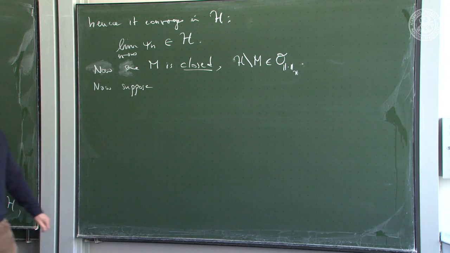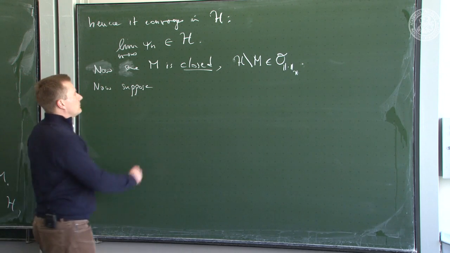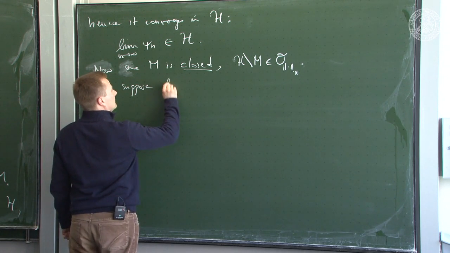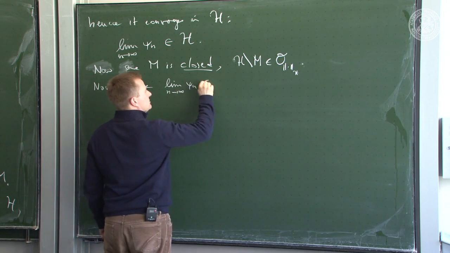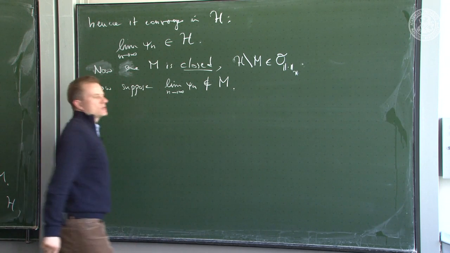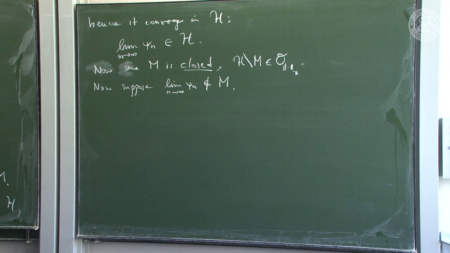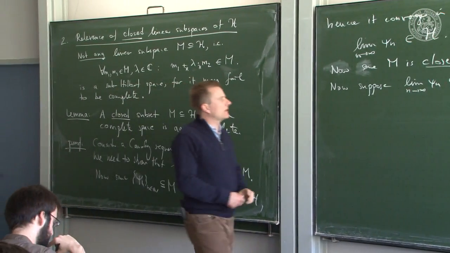Now suppose we make an assumption which we're going to reduce to a contradiction. Suppose the limit of psi n is not an element of M. So let's assume it is simply not true that it lies in M, which would mean our theorem is wrong. So it's proved by contradiction.